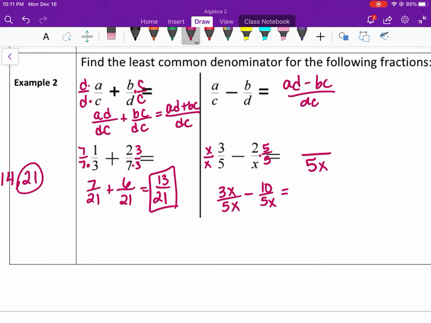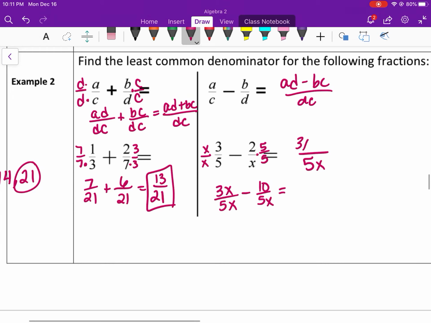But now they have common denominators, so I can subtract. So it's going to be 3x minus 10 all over 5x. So I can't combine the 3x and the 10 because they're not like terms. And I can't simplify because I can't take anything out of the top. And so that is your final answer for that one.